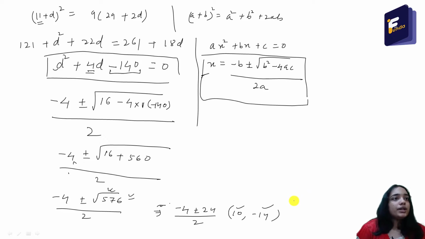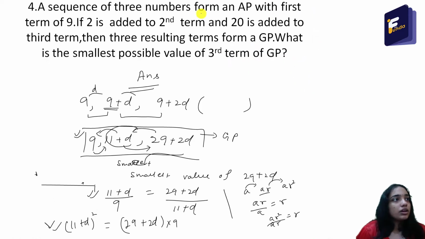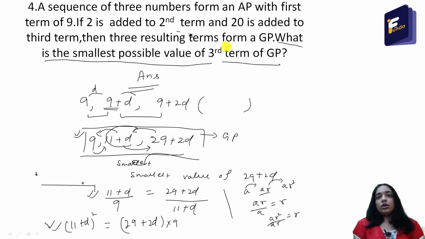So how will I know that? Once you look at the question again, it is written, what is the smallest possible value of the third term of the GP? Smallest possible value.